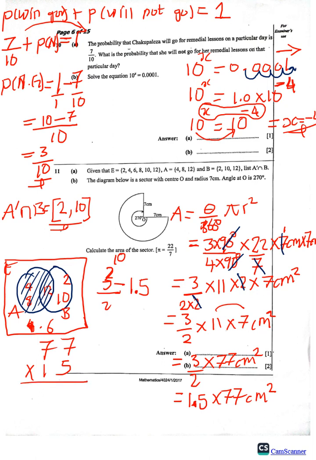7 times 5 is 35. We keep 3. 7 times 5 is 35 plus 3, 38. So 1 times 7 is 7. 1 times 7 is 7. Now let's find the sum.